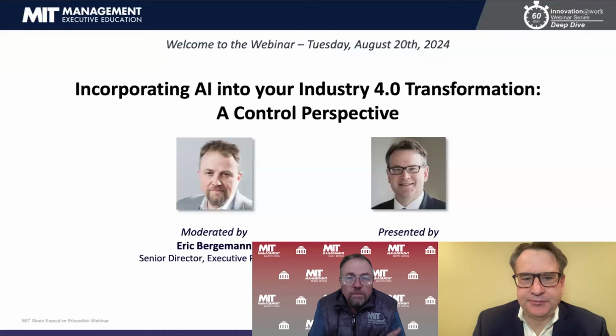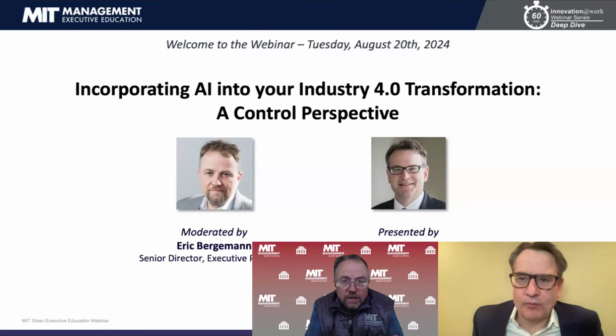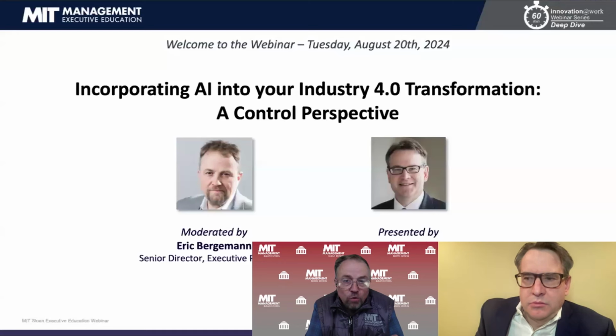Let me introduce as well John Carrier. He is a senior lecturer at the MIT Sloan School of Management in our System Dynamics group. John has great experience as a practitioner working in industrial settings for probably close to 30 years now. He has seen digital transformation come into industrial settings, quite knowledgeable about that, as he will tell you.